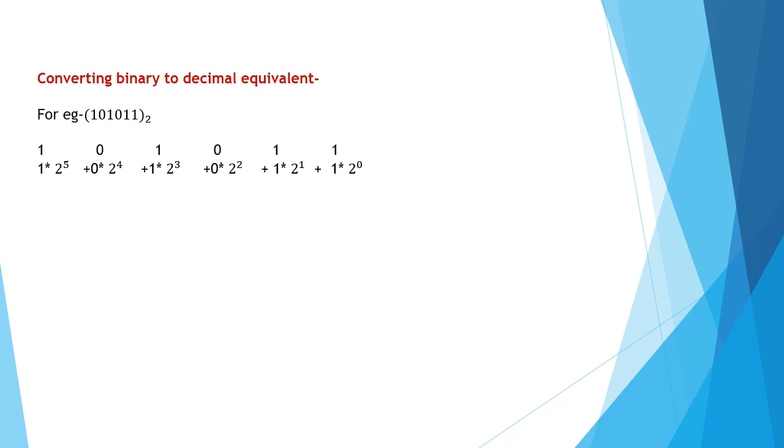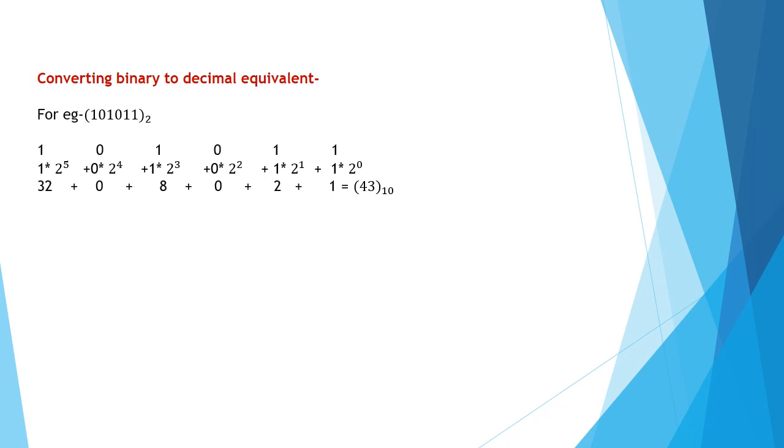Starting from the right hand side to the left hand side: 1 into 2 to the power 0 plus 1 into 2 to the power 1 plus 0 into 2 to the power 2 plus 1 into 2 to the power 3 plus 0 into 2 to the power 4 plus 1 into 2 to the power 5. Now 2 to the power 5 is equal to 32, and it is multiplied by 1, you will get 32.